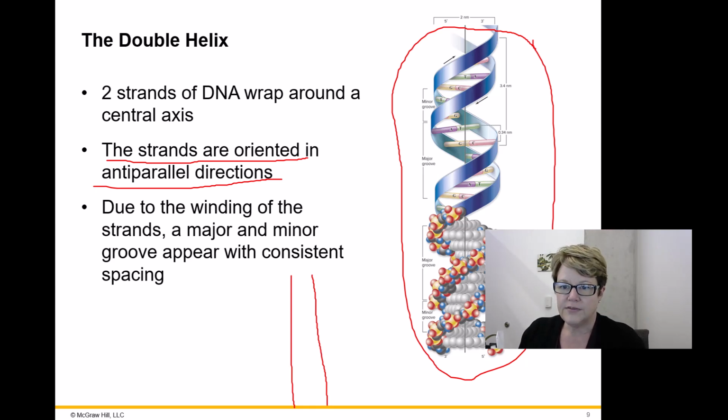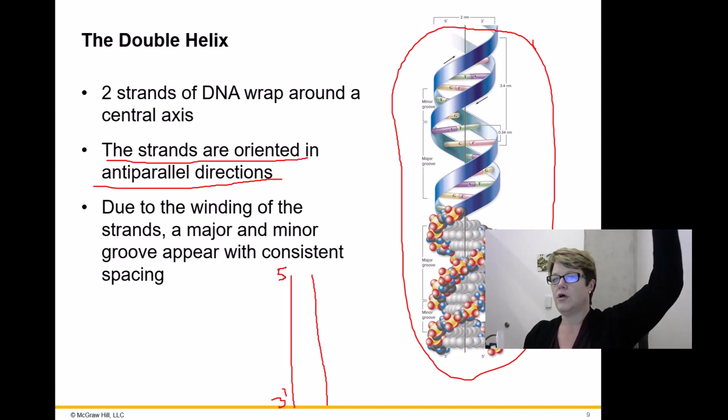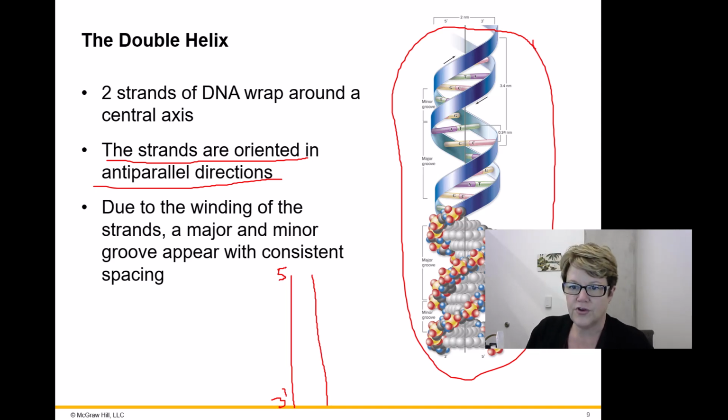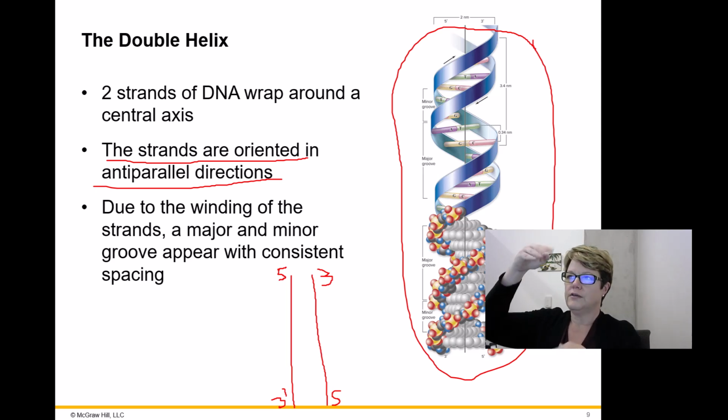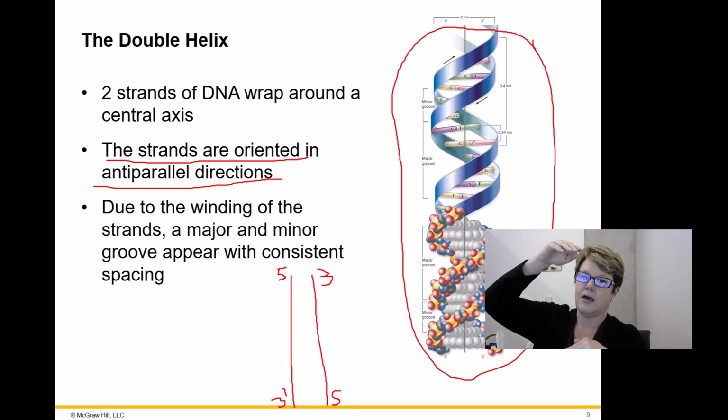Then on one strand, 5' would be here maybe, and 3' would be down here, no matter how long that strand is. And on the other strand, this one would be 3 here and 5 here. So basically, one strand goes 5 to 3. The other strand is sort of flipped over, and it goes 5 at the bottom, 3 at the top. So it's sort of upside down.